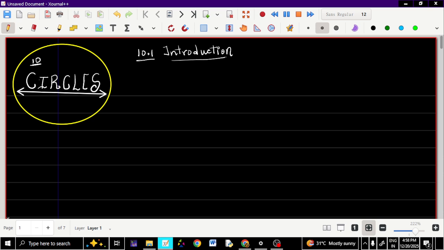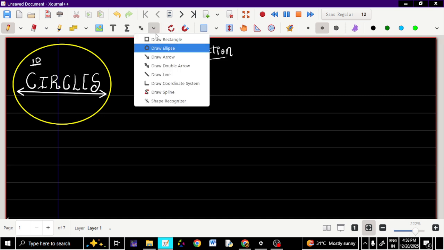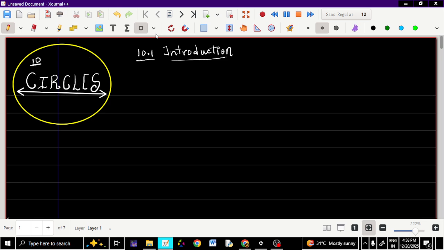So, in your day to day life, you must have come across many objects which are round in shape. For example, if you look at the wheels of a car or wheels of a cycle, they are round in shape. If you look at one rupee coins, they are round in shape.